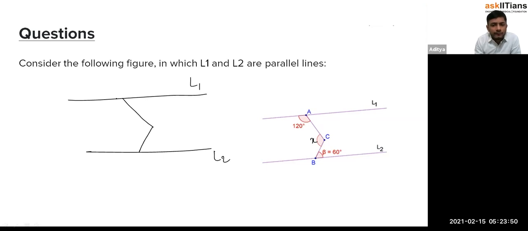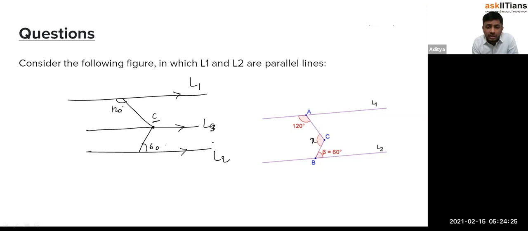Then 60 degree is given here, and let's say this point is C. Now from Playfair's axiom that we studied in the introduction to Euclid geometry chapter, we know that a unique line can be drawn from a point C which is outside, not lying on the line, parallel to a given line. So using Playfair's axiom, we can draw a unique line L3 passing through C and parallel to L2, right?